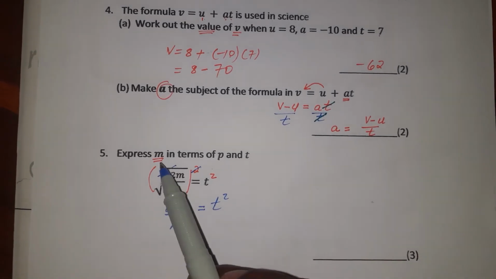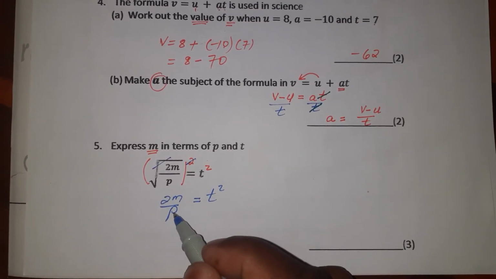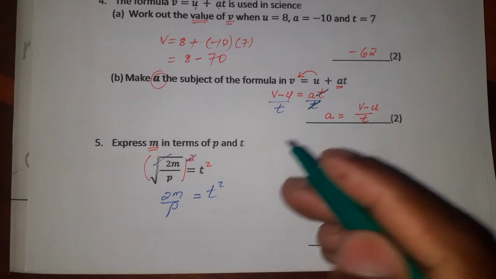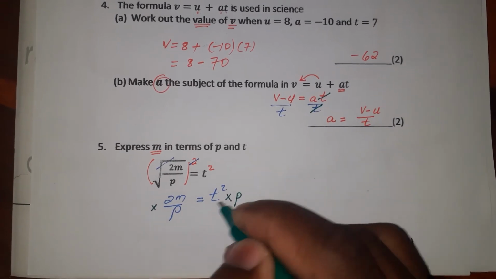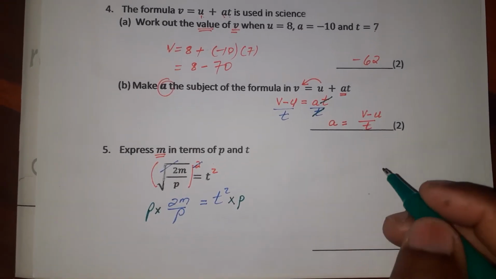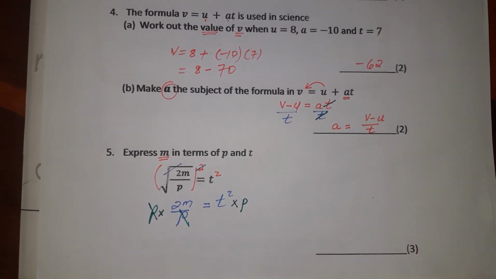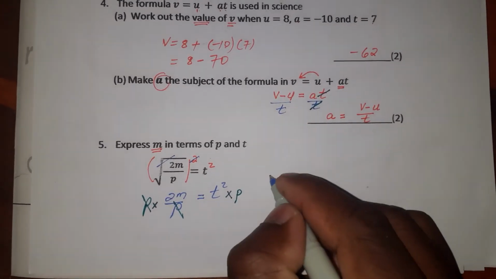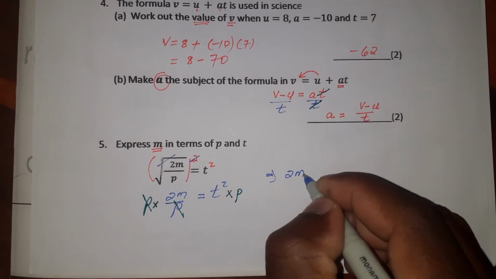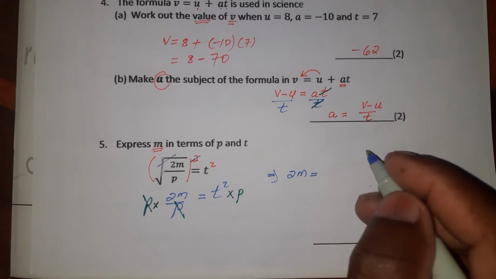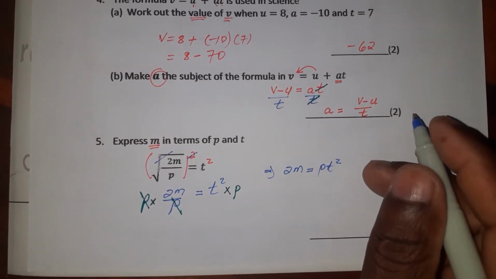Keeping in mind that we are looking for m. Since we have a fraction this side and the denominator is p, we have to multiply both sides by p. The reason for that is so that the p and the p can cancel. And then this side, we're only left with 2m equals p t squared.